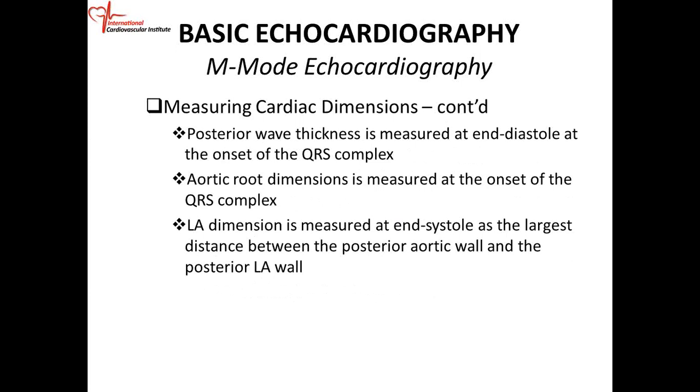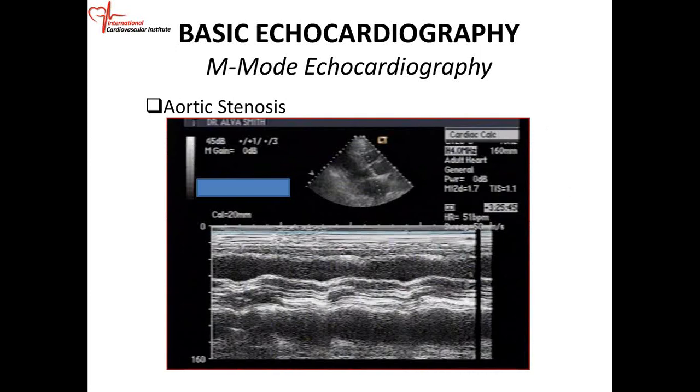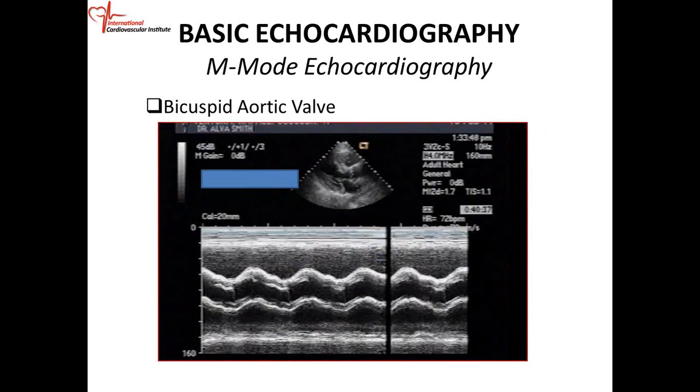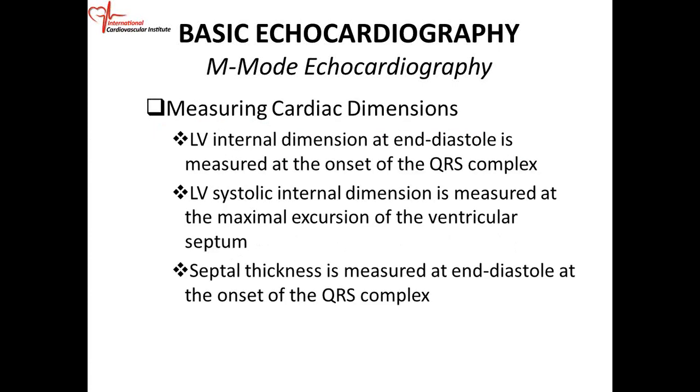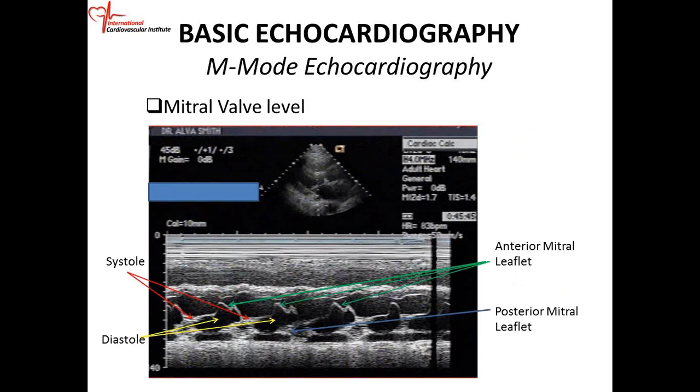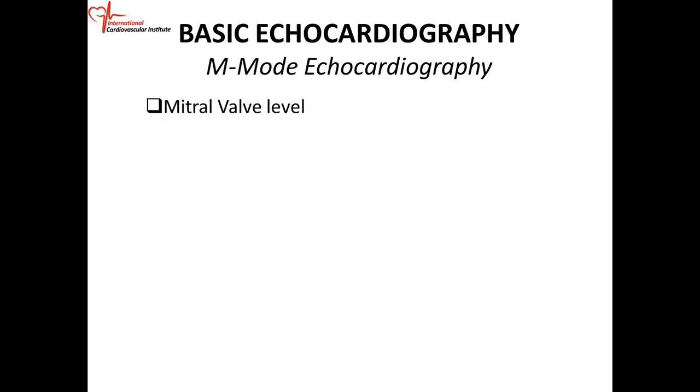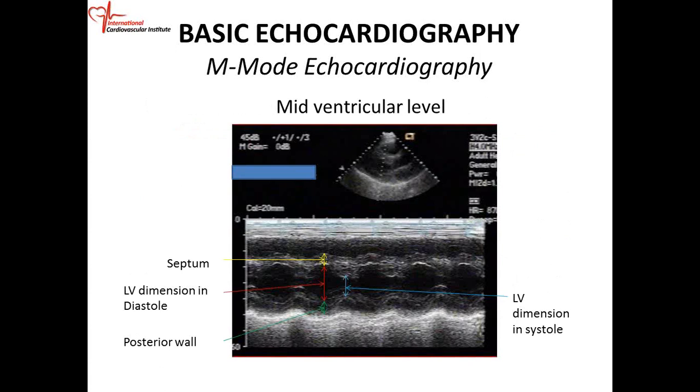So it's from the posterior aortic wall to the posterior left atrial wall. Let me just go back, because you're going to get these measurements. All right, so these are all the measurements.